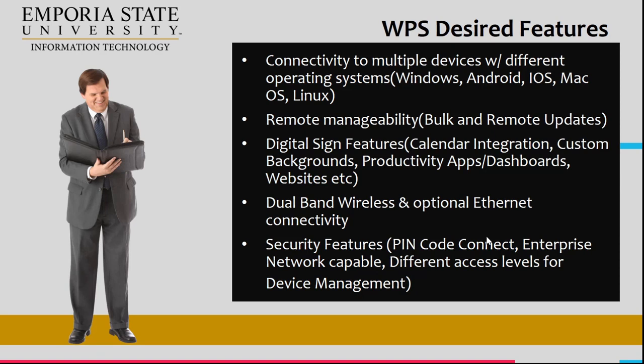A third feature set that we look at is the digital signage features that the wireless presentation system can do. Certain digital signage features are calendar integration, such as being able to integrate your Google Calendar or an Outlook calendar into the wireless presentation system to show a schedule of events up on the screen, or possibly just custom backgrounds, having a custom splash screen with maybe your company logo and some custom text that you can provide that just stays up on the screen at all times when it's not in use.